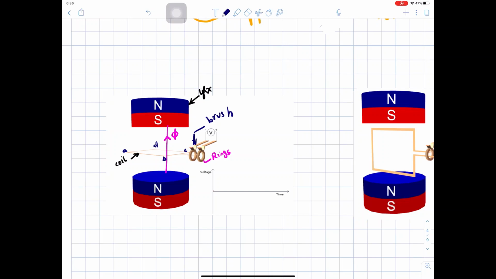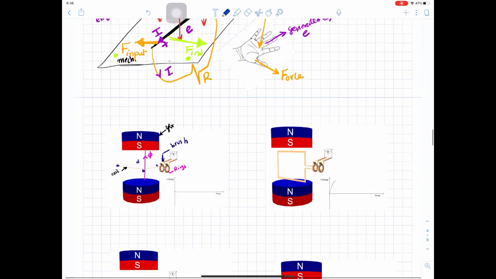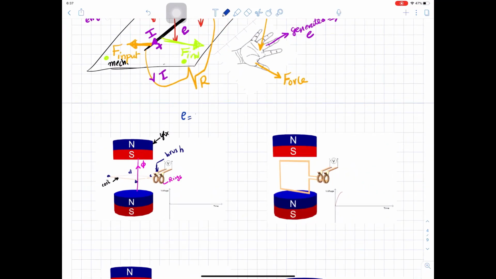And at this position, don't forget that the voltage generated E equals BLV sine theta, and theta is the angle between the coil plane and flux.